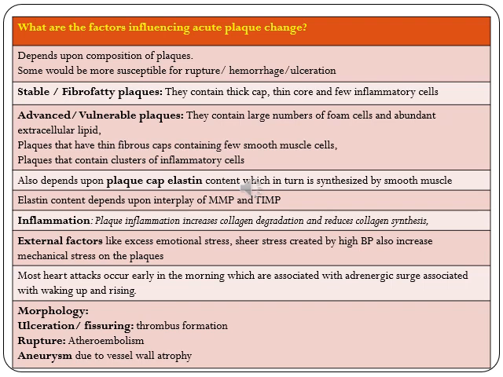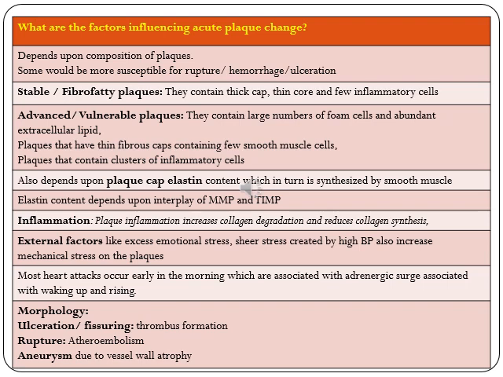Coming on to plaque inflammation, as we know, inflammatory cells synthesize matrix metalloproteinases, so they will increase collagen degradation and they will also reduce collagen synthesis, leading to weakening of the plaque and formation of more vulnerable plaques.